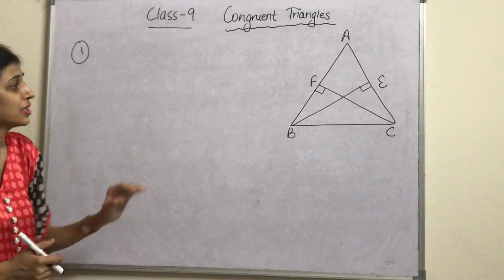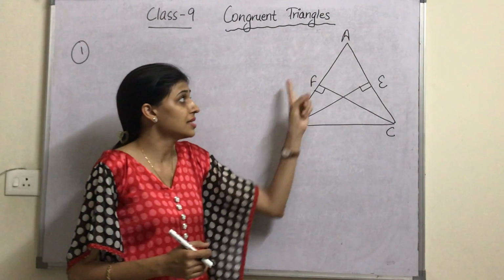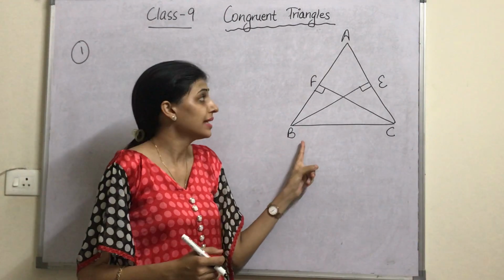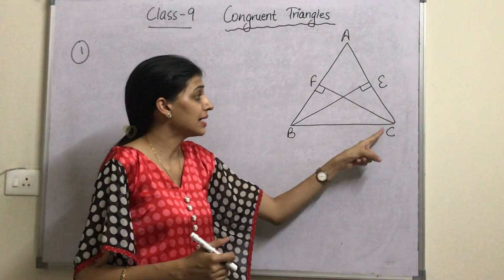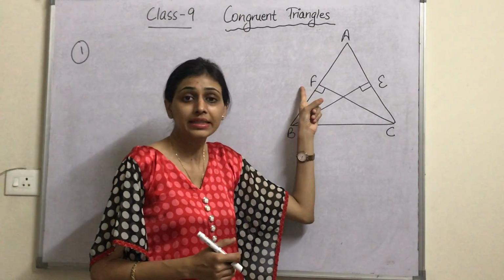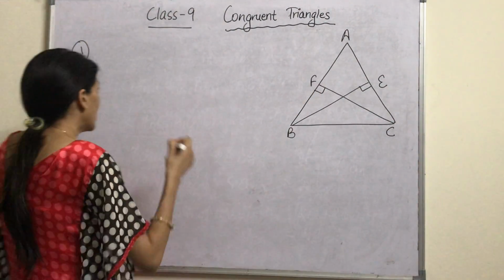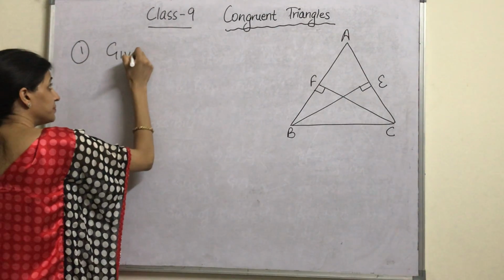The first question given to us is this triangle, in which it is given that BE and CF are the altitudes.